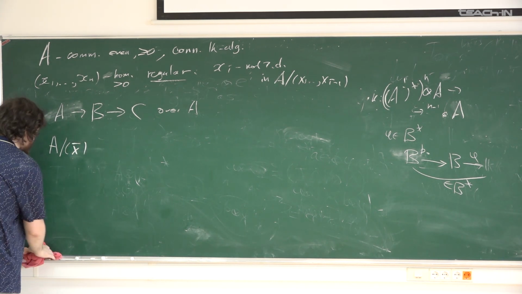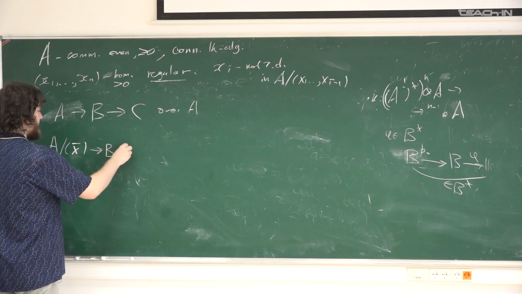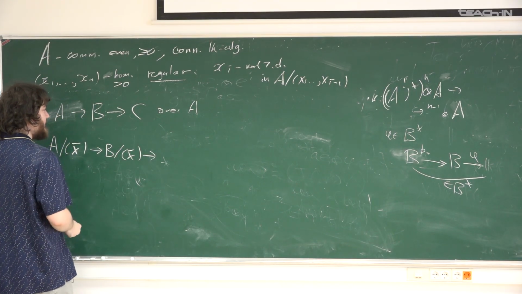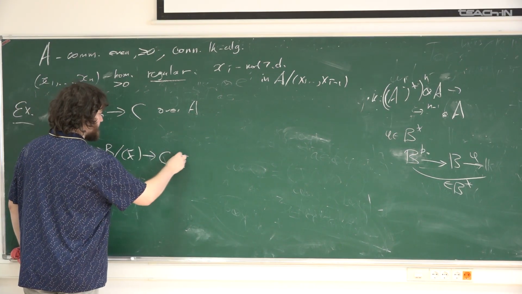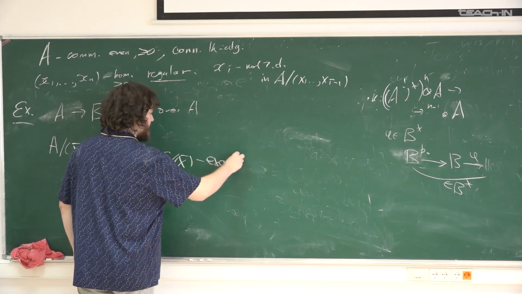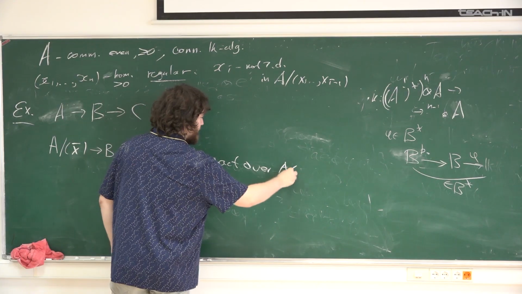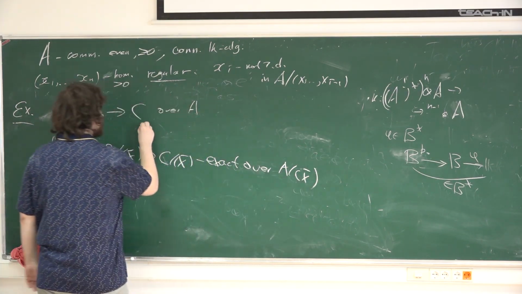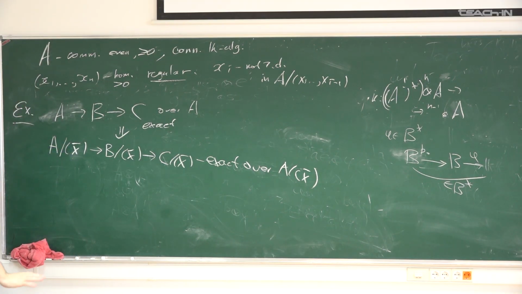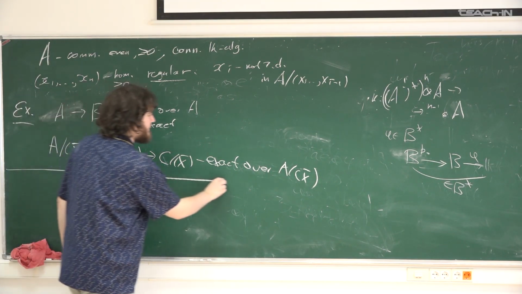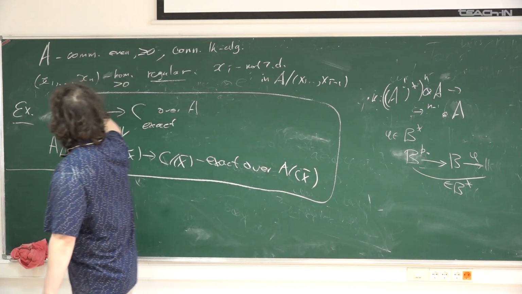Then this sequence is also exact over the quotient ring, exact over A modulo X. This is a direct calculation, by definition, nothing interesting here.